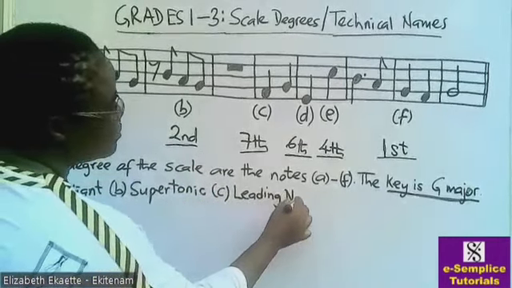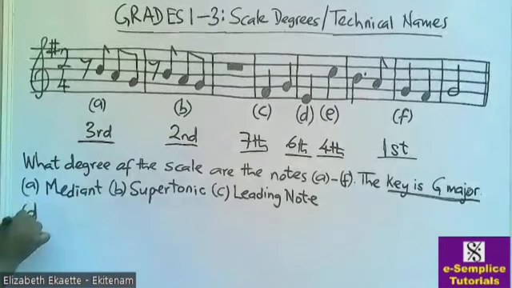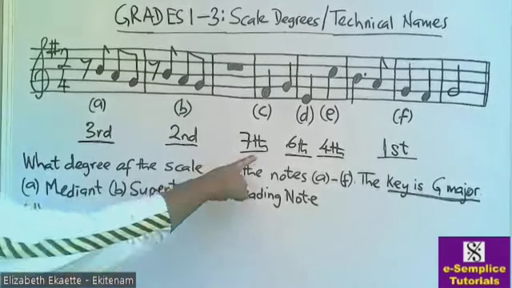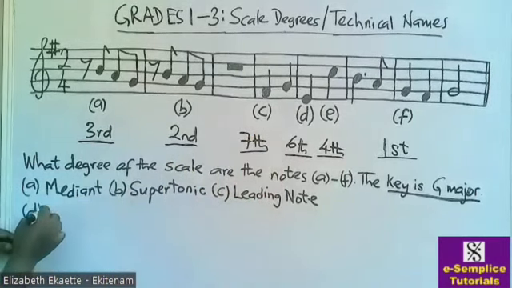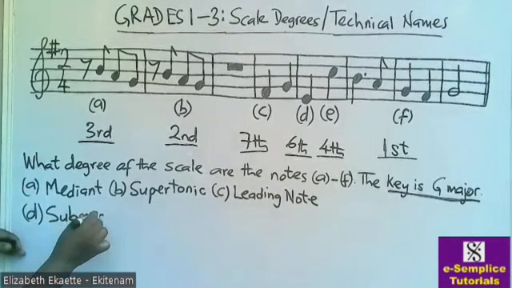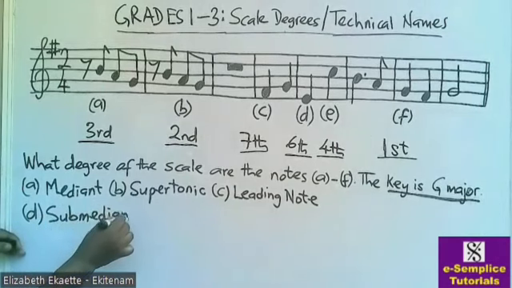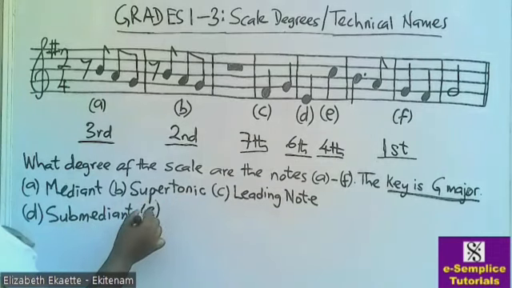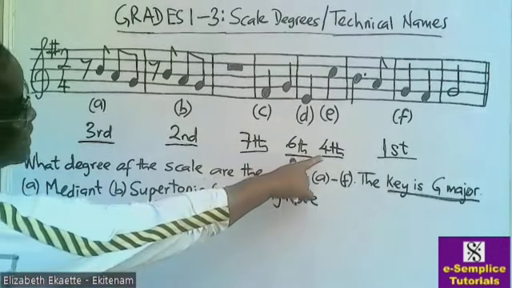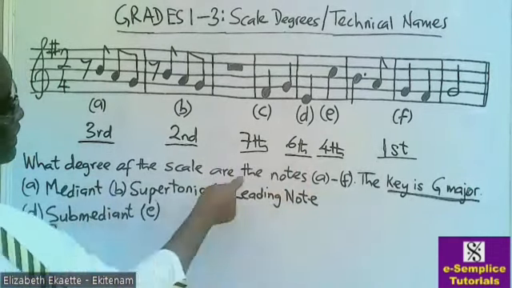Then we have note D. Note D is the 6th degree. Now the 6th degree is called submediant. Note E is the 4th degree.